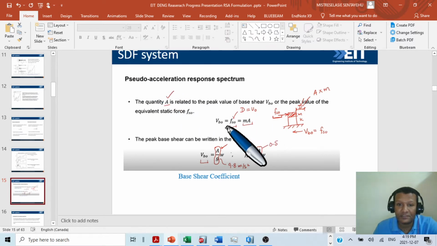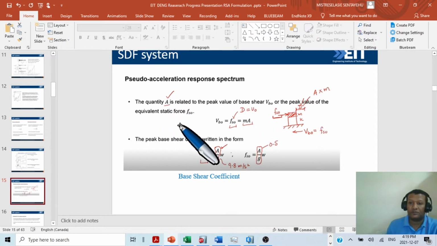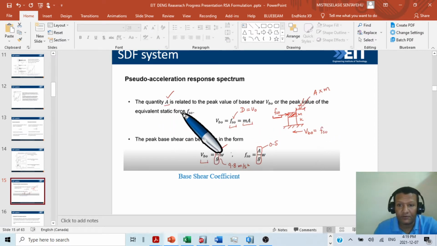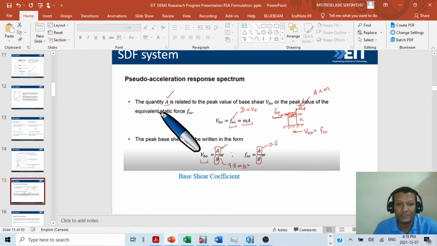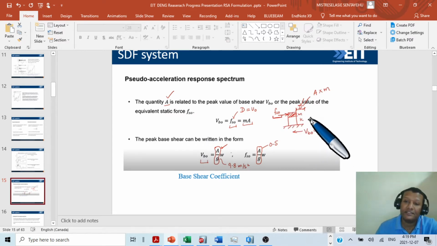Mass times acceleration will be force, so this force will be directly our equivalent static force. Here we have D, we have M, so we have K, the restoring force, and when we apply f_so, the equivalent static force, then the base shear will be considered. So we can analyze our building dynamically or statically.